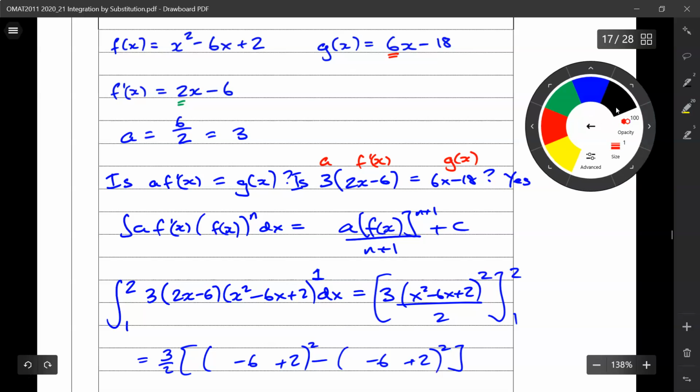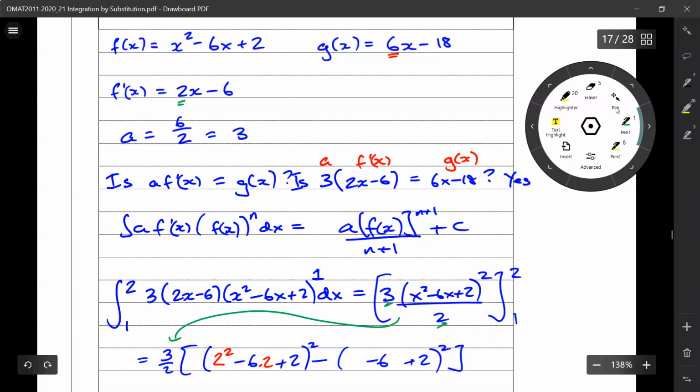I'll put in the upper limit, which we said was 2, so it's 2 squared minus 6 times 2 plus 2. Now I've taken the 3 and the 2 outside and opened up the brackets. I probably should have done that in the previous questions to simplify it. Now I'll put in the lower limit, which is 1 squared minus 6 times 1, plus 2.